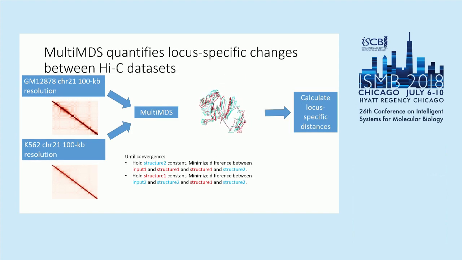So I've developed an alternative approach called MultiMDS that takes 2 Hi-C data sets as input and simultaneously infers structures for both of them and aligns the structures.